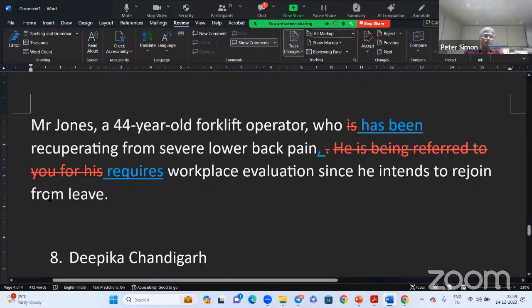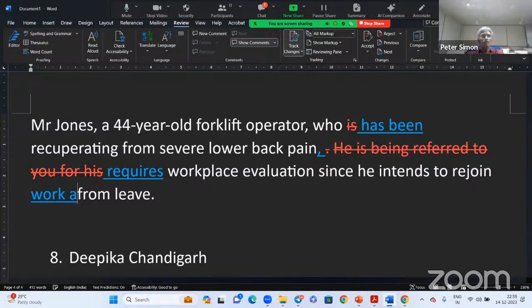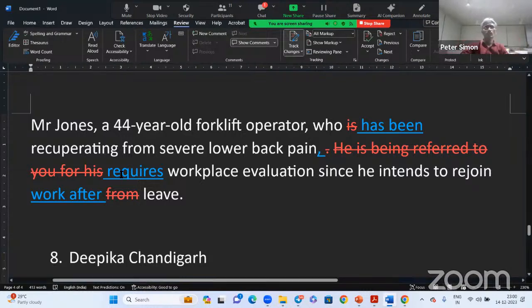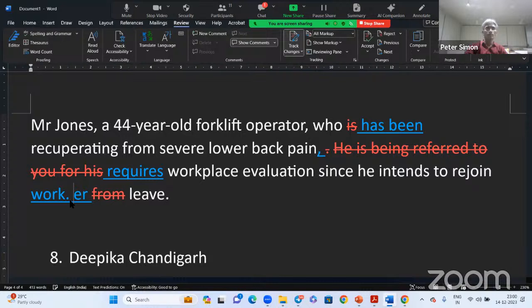Intends to rejoin work after leave. Rejoin work is enough. Yeah.